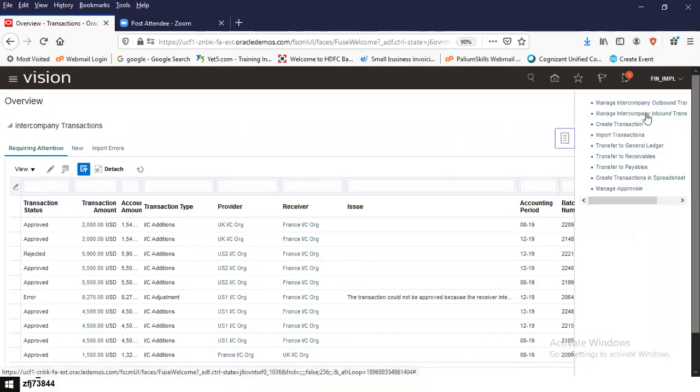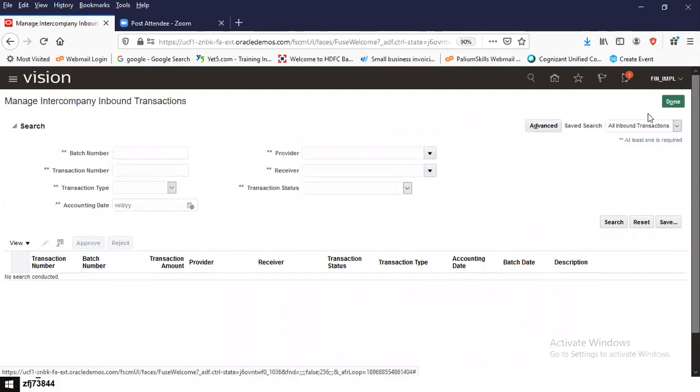Now we have inbound and outbound. Inbound is what is coming inside.